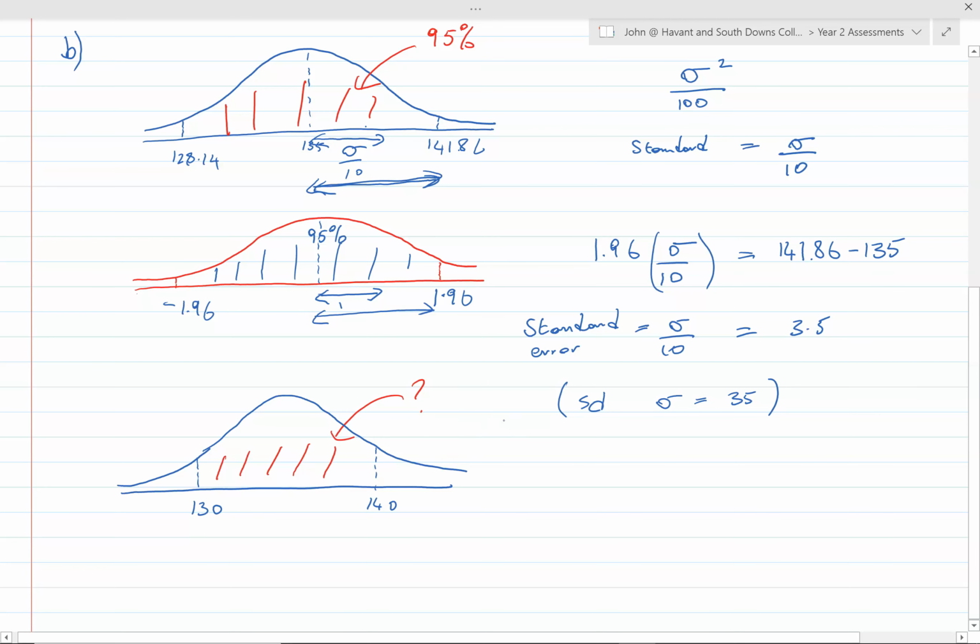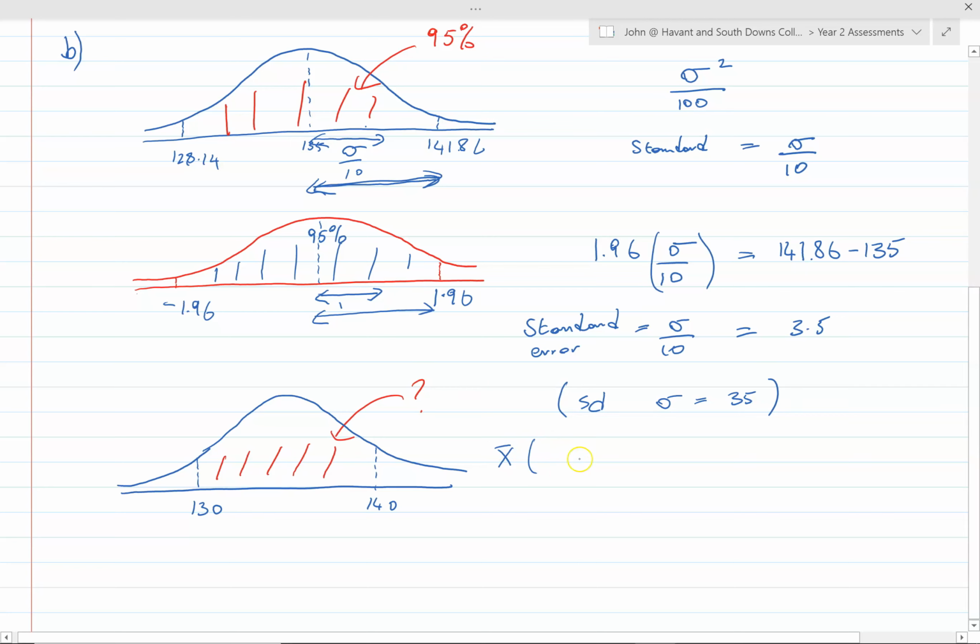For the sample, we want to know what the percentage would be between 130 and 140. What's the chance, what confidence level have we got that, given the sample that we've got, it'll be between 130 and 140? And we can use the calculator again now, but remember, it starts with the sampling distribution.